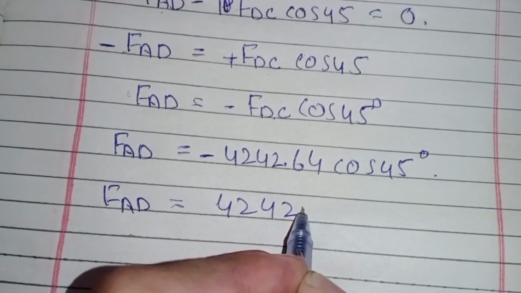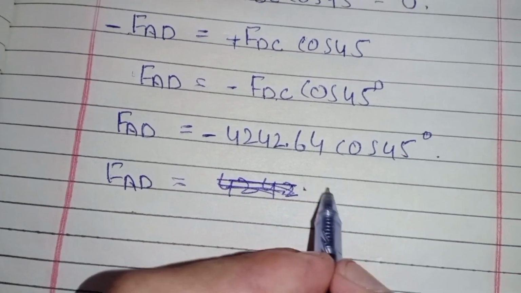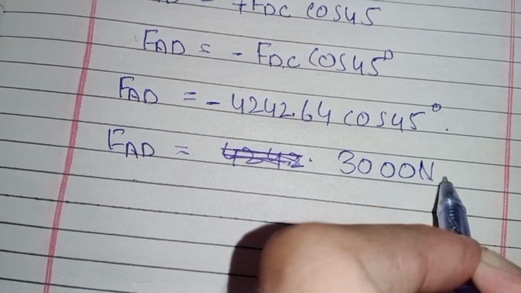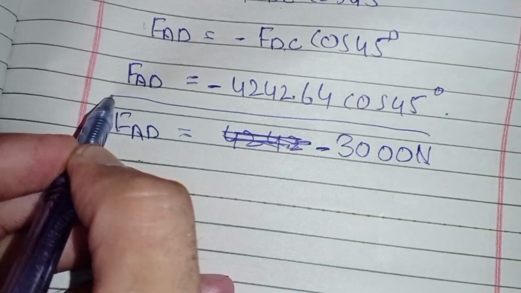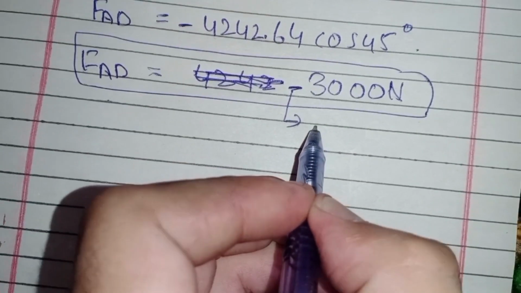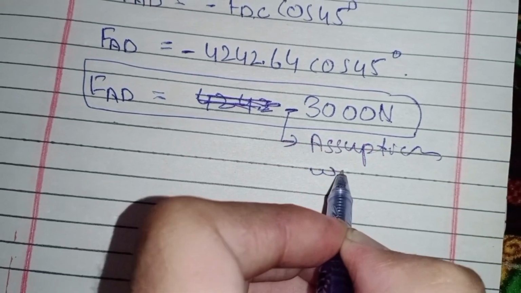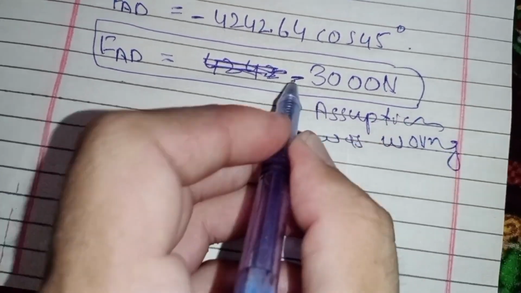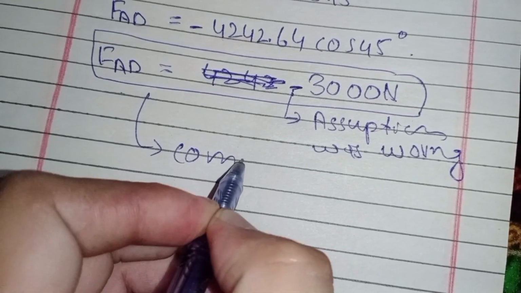If you calculate it on the calculator, sorry, the answer will be 3000 Newton. Okay, but it is in negative sign. Negative sign means that our assumption was wrong. It is in compression.